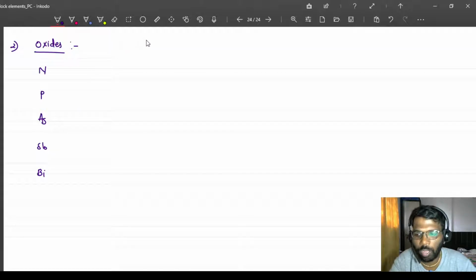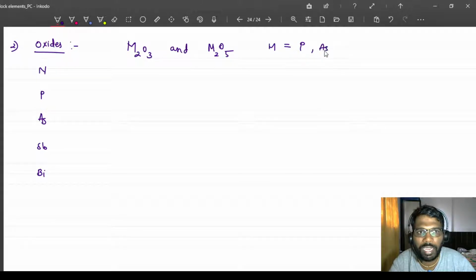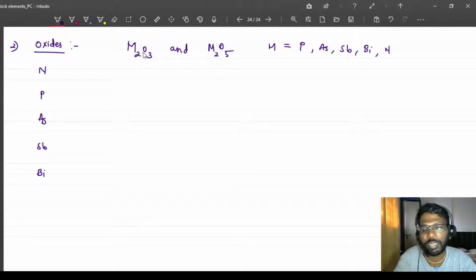The general formula of the oxides formed will be M2O3 and M2O5. M stands for phosphorus, arsenic, antimony, and bismuth. Also, nitrogen will be included in this, but nitrogen has more than this compound.